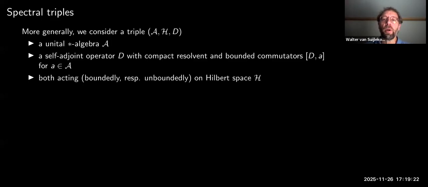And then you have this first order property, being a first order differential operator, translated as being bounded commutators, which is of course very useful in this formula I just showed you. And so they gather in this Hilbert space as operators on H, where the algebra is indeed bounded, as I said, and the Dirac operator, or the generalized operator D, is typically unbounded.